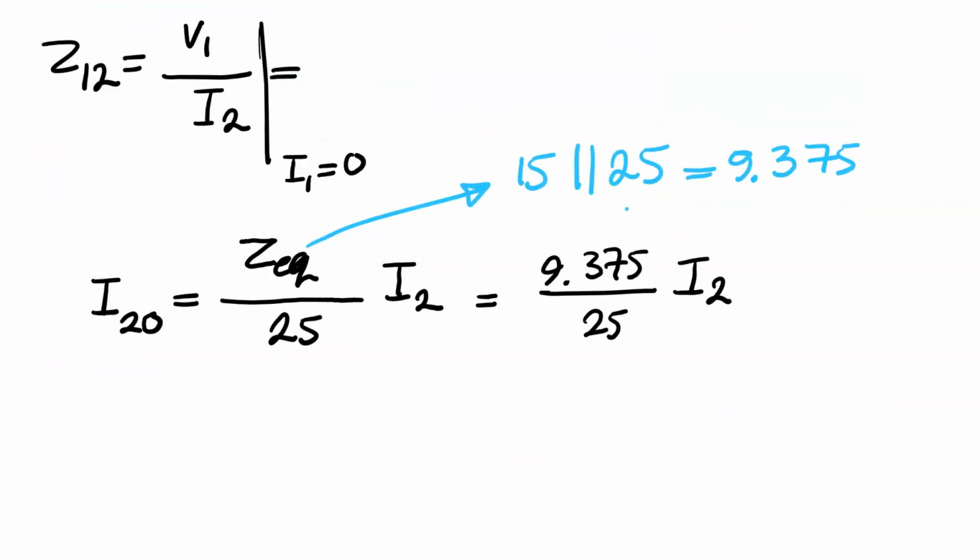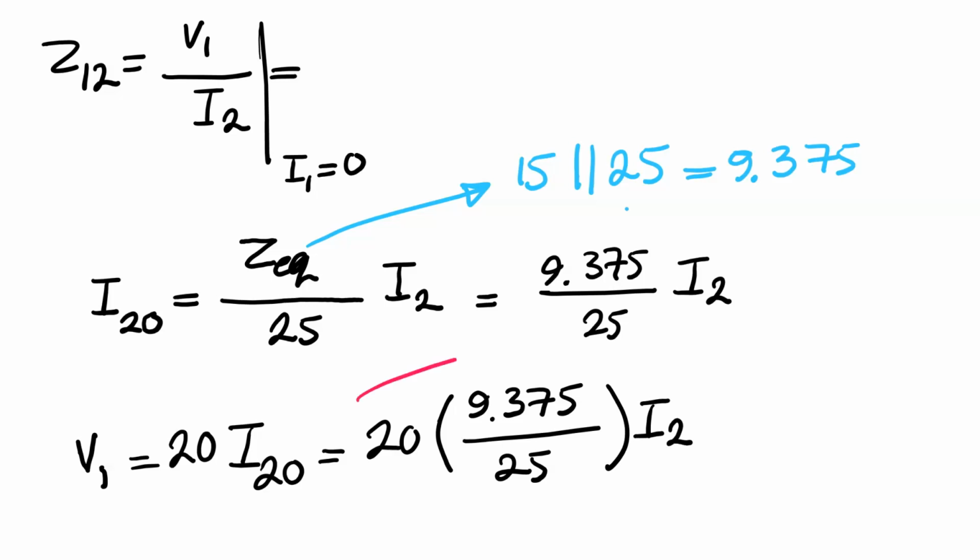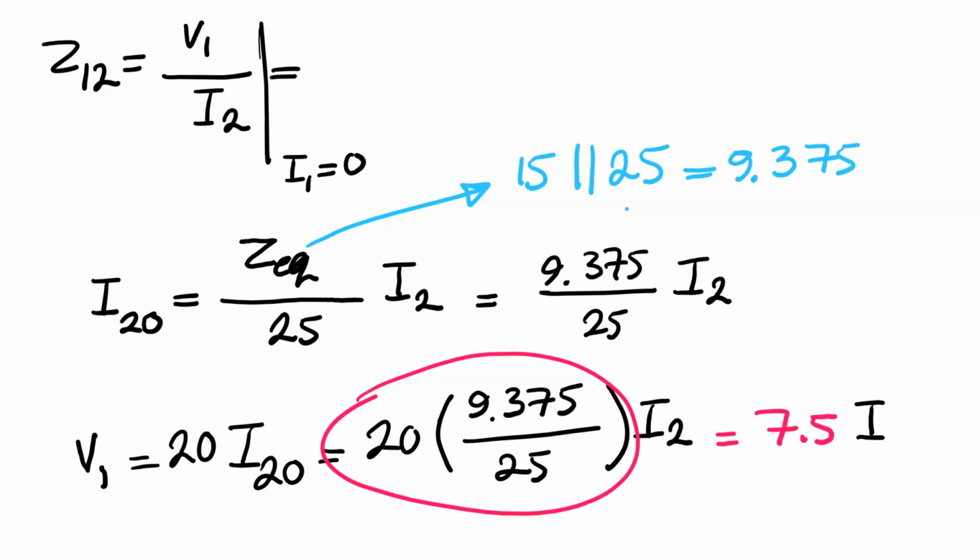So V1 is equal to 20 multiplied by I20, so it would be 20 multiplied by 9.375 divided by 25 and multiplied by I2. If you simplify all these numbers, that's going to be 7.5 multiplied by I2.